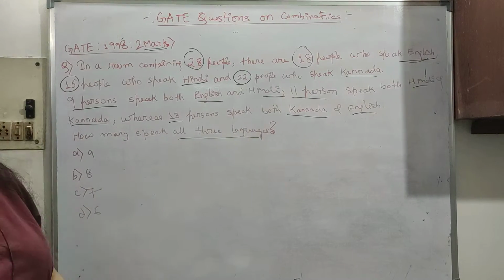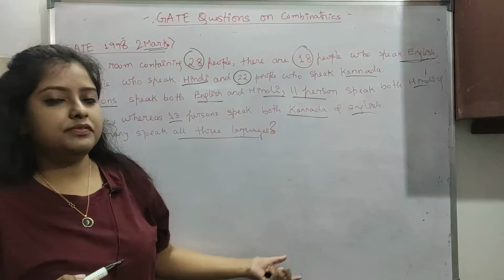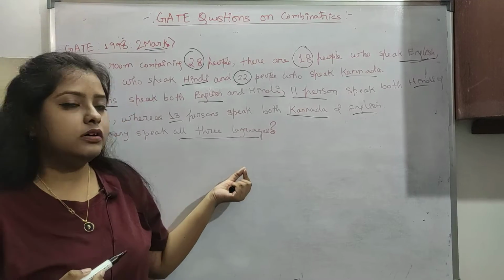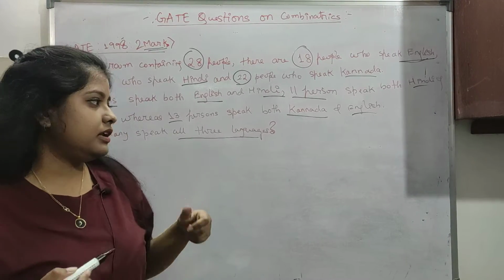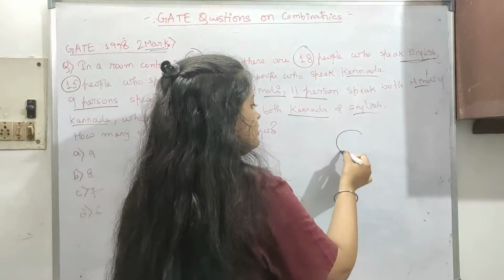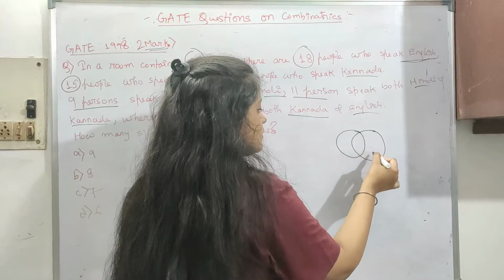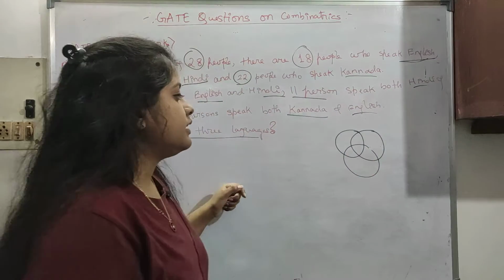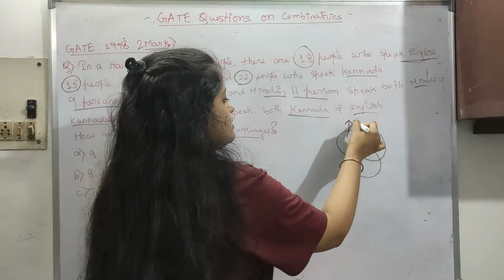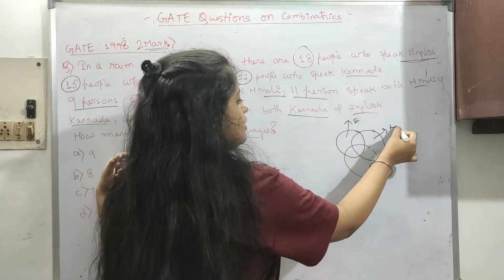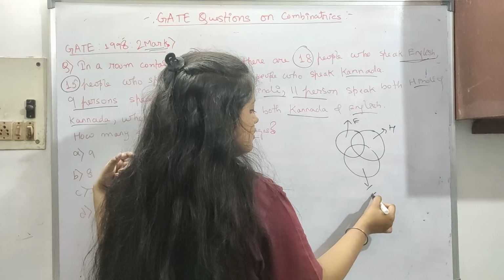So this is our question. Everything is given, just one thing is asked: the people who can speak all the 3 languages. Here in the Venn diagram, this is our English part, this is Hindi, and this is Kannada.